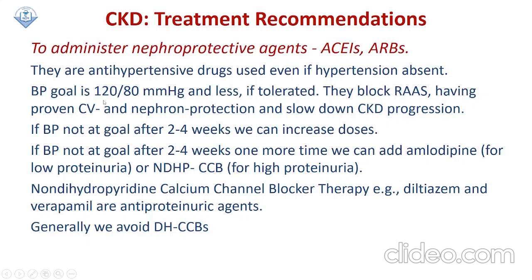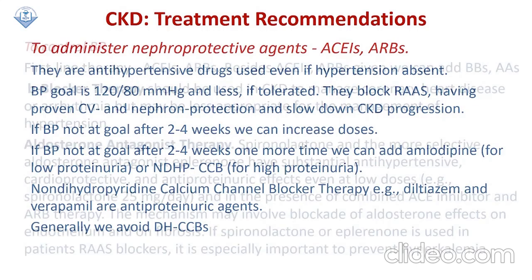Our goal in blood pressure is 120/80 and less if tolerated, and we start with a mid-dose, and if blood pressure is not at goal, we can increase the dose after 2-4 weeks, and if we did not achieve the required blood pressure level, we additionally use calcium channel blockers, which are helpful in these questions.